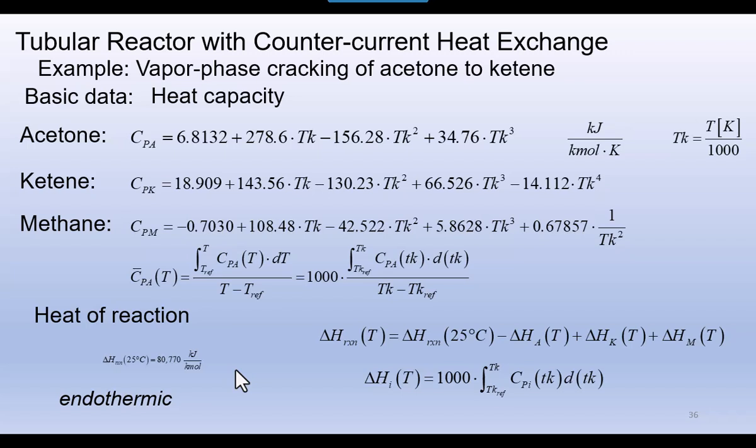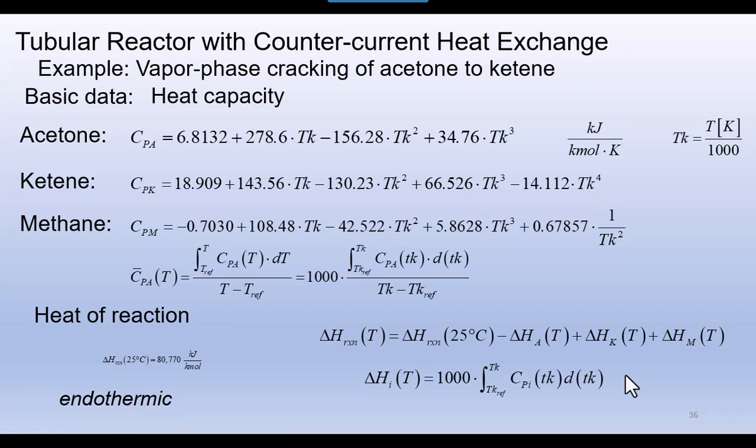And then we can adjust the heat of reaction to the reaction temperature by using essentially the changes in enthalpy from standard a reference temperature for each of our components. And for each of the components, that change can be described in terms of their heat capacity.